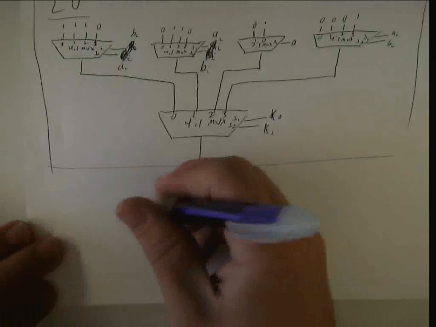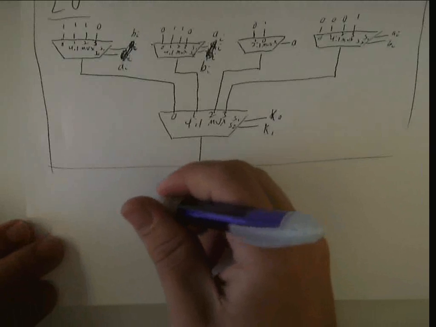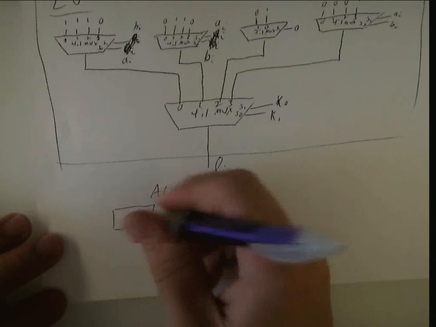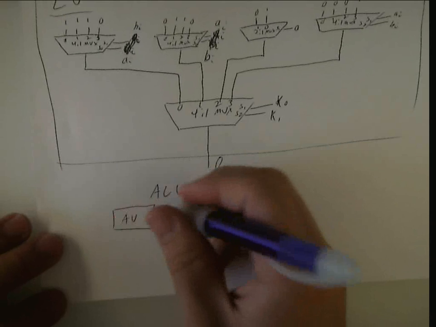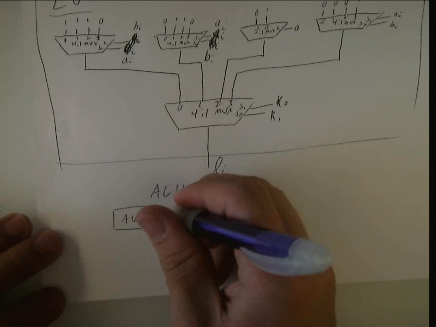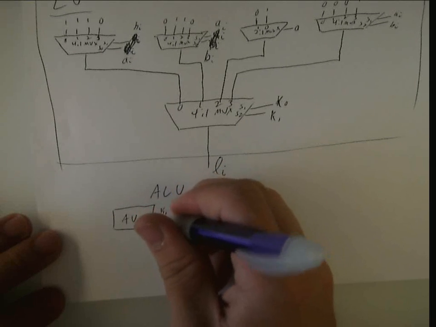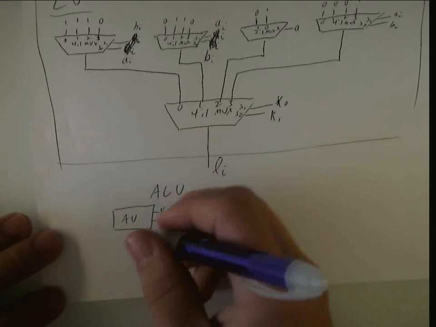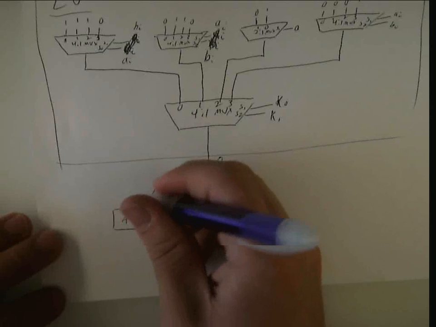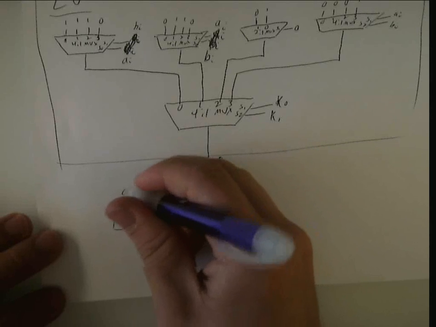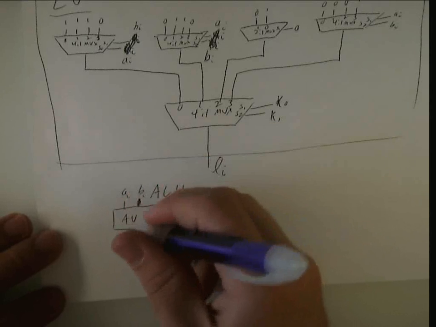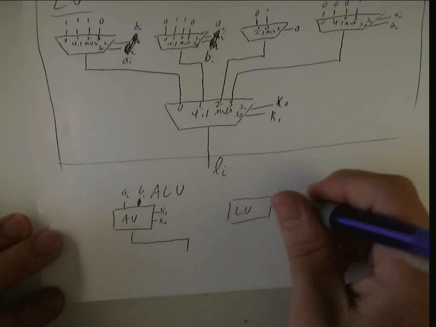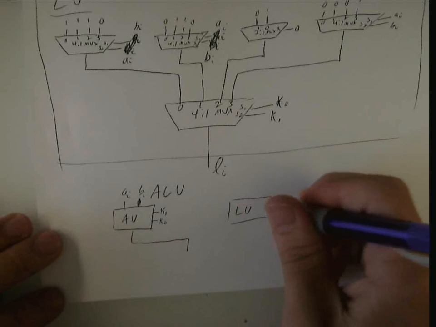And then for my ALU, I'll basically have my AU here with inputs K1, K0, and it will take A and B in, so A, B, and then I'm going to have my LU here, K1, K0, put those in.